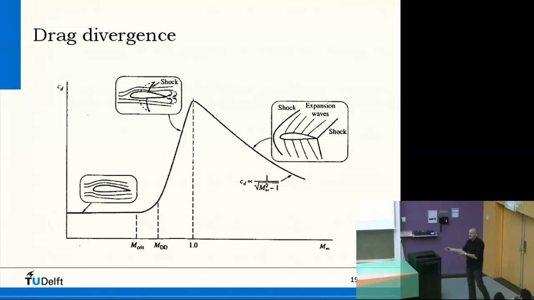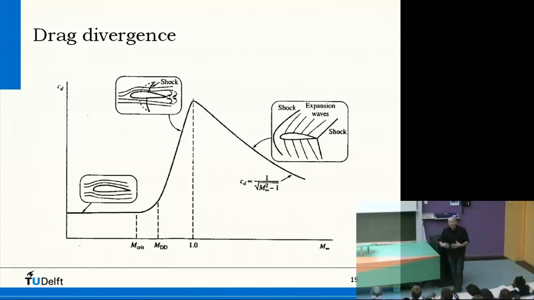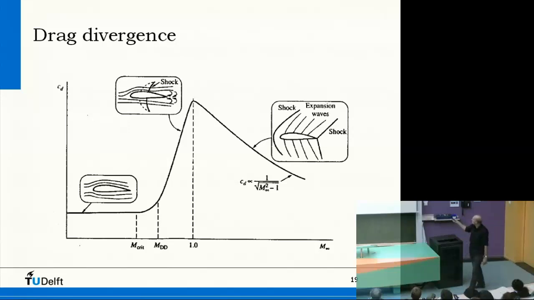Not only because of the noise that it makes, but definitely because of the increase in CD. Now, if we go any further, then we have a shock, a bow shock. So that's a shock in front of the airfoil, not on the airfoil, which means that there's a totally different flow over the airfoil than here, and then the CD goes down again.